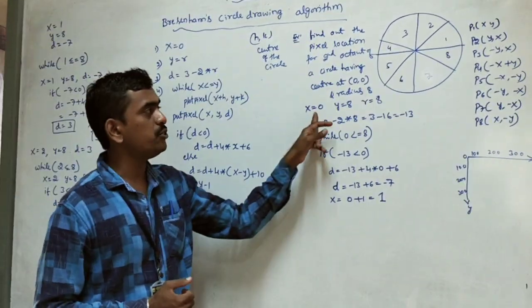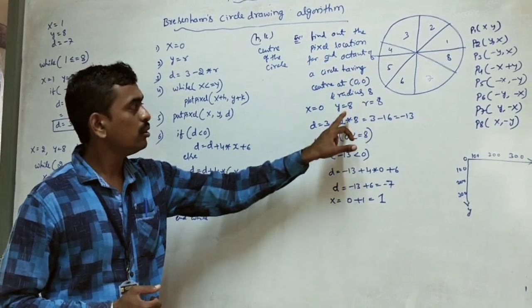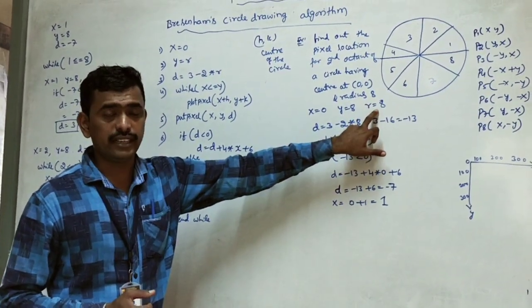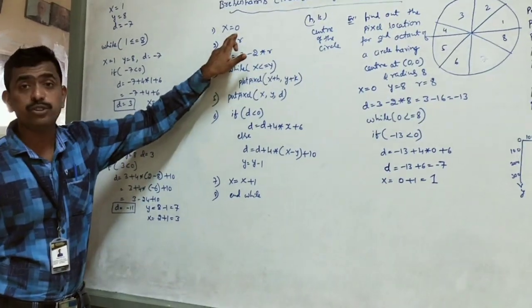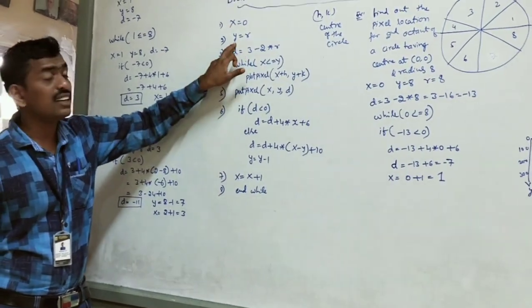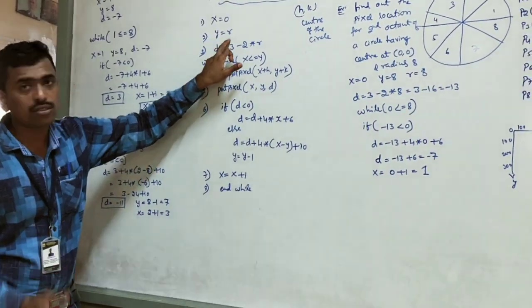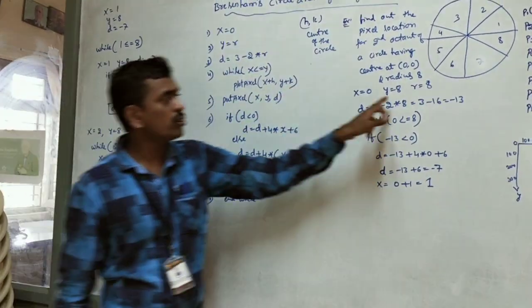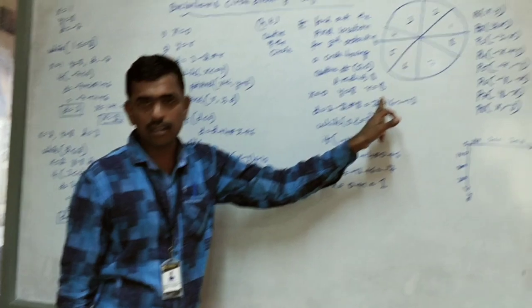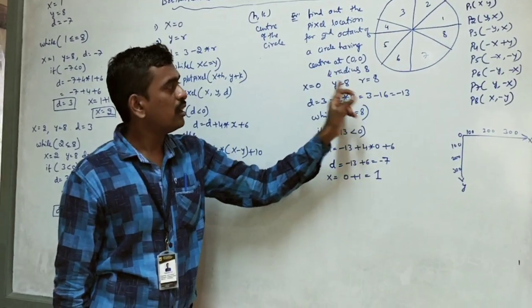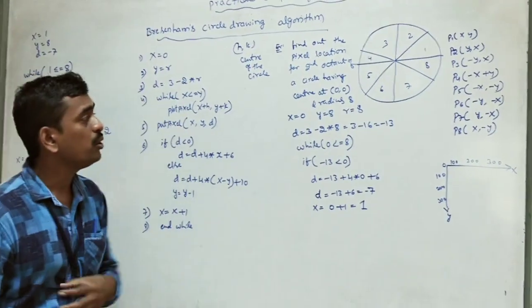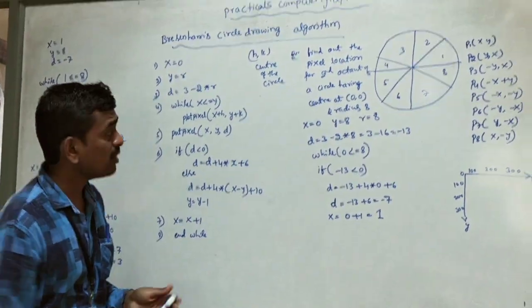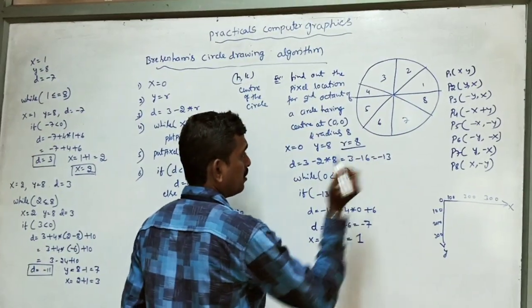You know that x equals 0, and in the algorithm's second step, y equals r, so y equals 8 and r equals 8. So x equals 0, y equals 8 and r equals 8.